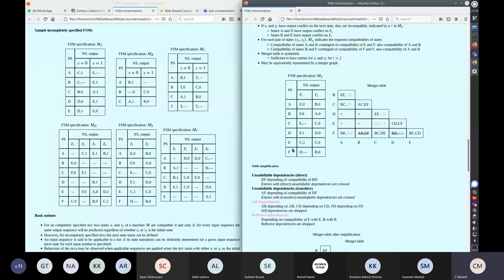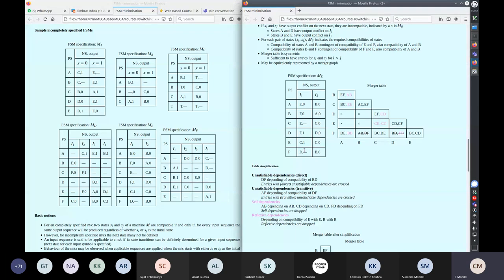A and F. For A and F to be compatible, you require E and D to be compatible. Again, you find that here the output is unspecified, so you have the option to specify the output according to your convenience.